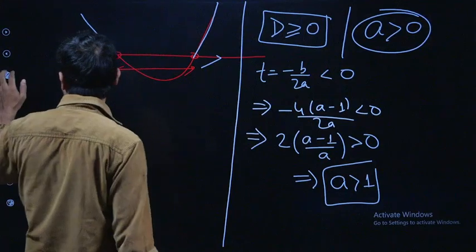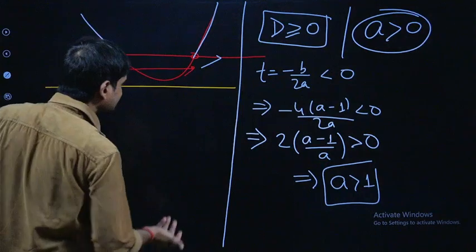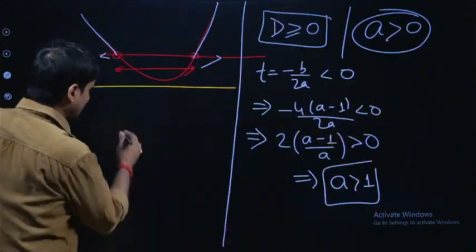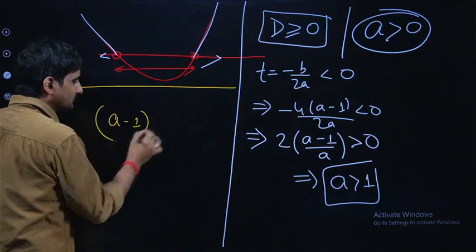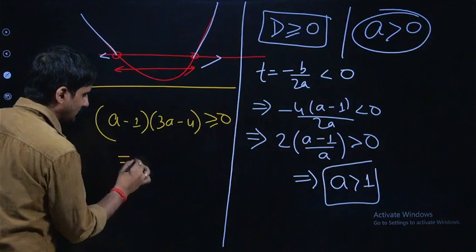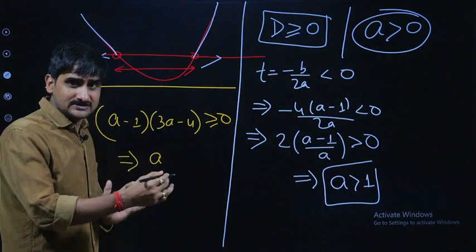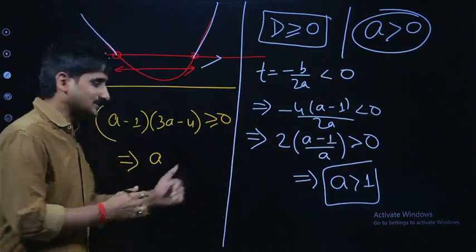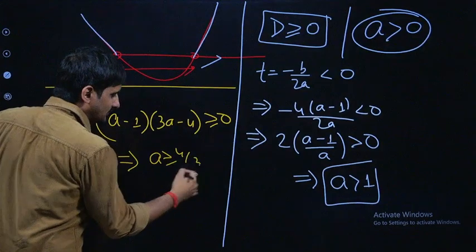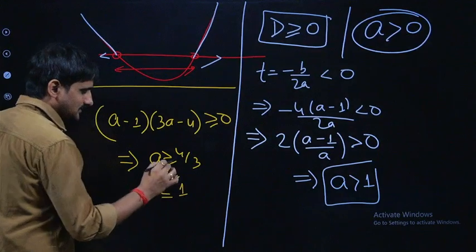Now let's solve for D. We already got it on the previous slide. It was a minus 1 into 3a minus 4, and this should be greater than or equal to 0. Again, greater than 0 means beyond the roots, so a is greater than the larger root or smaller than the smaller root. That's the situation here.